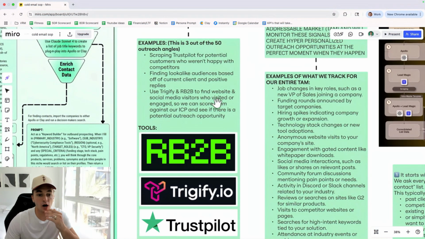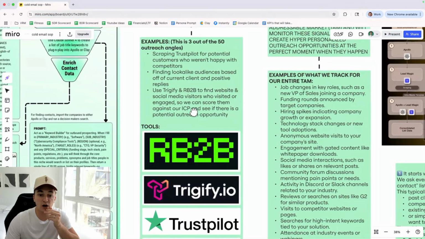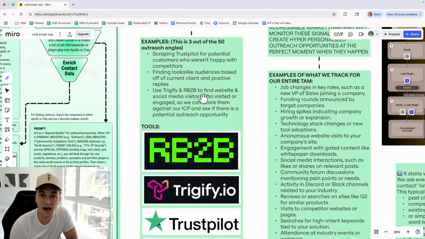Okay. Another angle is we'll use Trigify and RB2B. RB2B is basically a piece of code that goes on your website, and all the data is sent to RB2B, where they identify every single website visitor. For example, if I went on your website, it would tell you Kyle Dixon from Vroom Marketing is looking at your website.